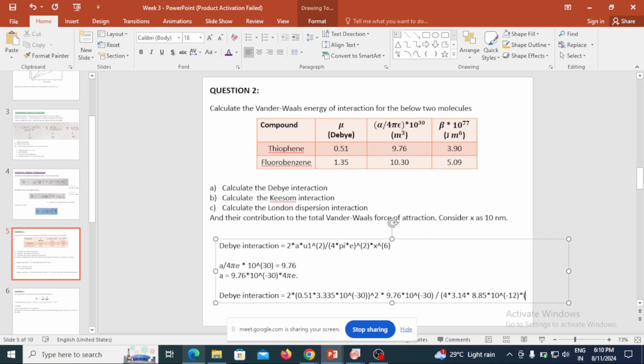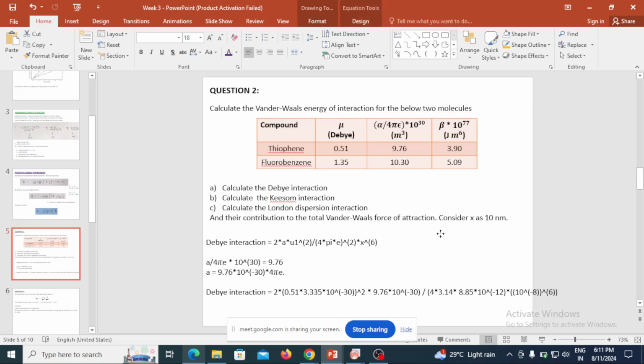So that will be 10 to the power minus 8, whole power 6. So you can see how many powers this expression has. That's the reason it is better to be careful when you do that.